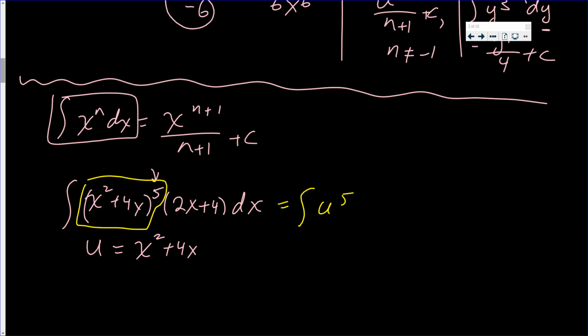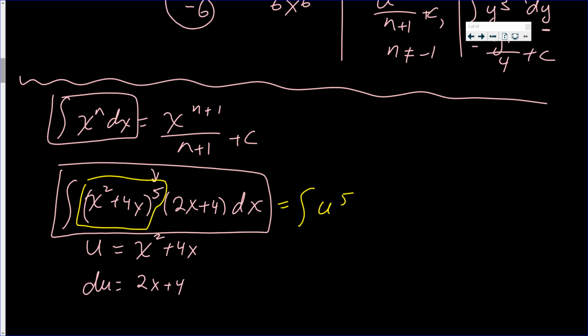And each and every piece in this integral has to be accounted for. Now, a lot of students will say, okay, so du is 2x plus 4. Okay, well, if I buy that, fine. So instead of 2x plus 4, I can write du. Okay, wonderful.